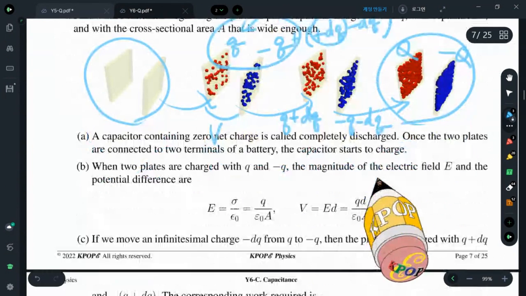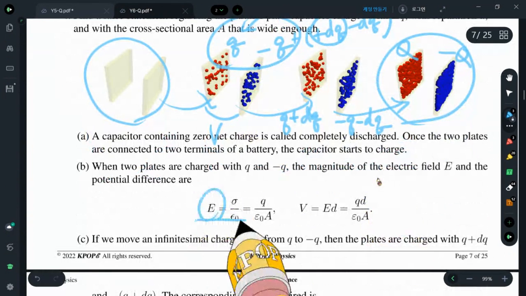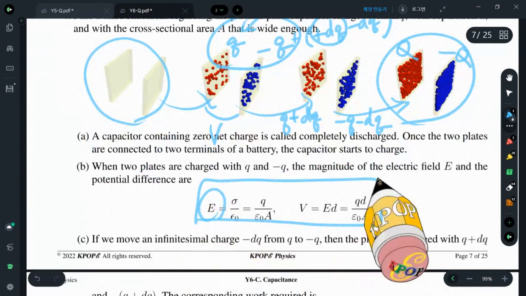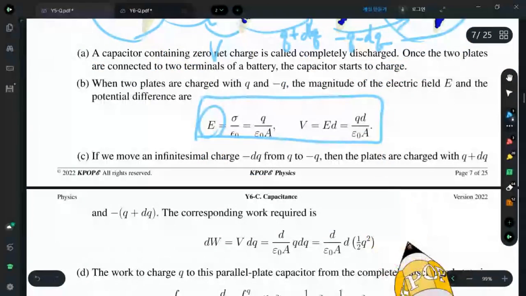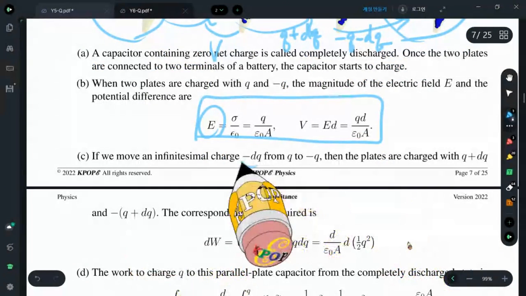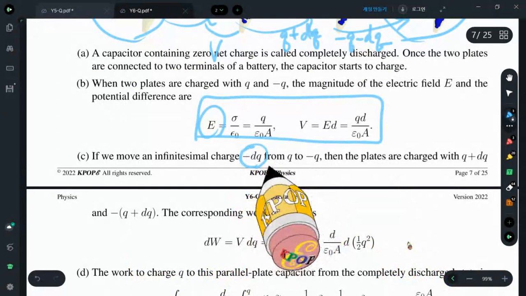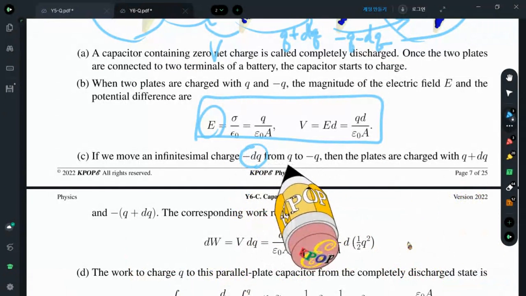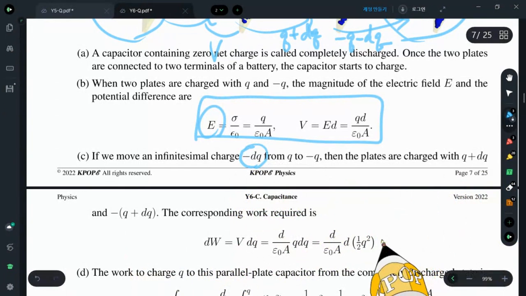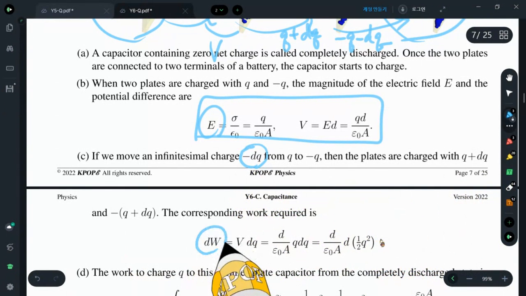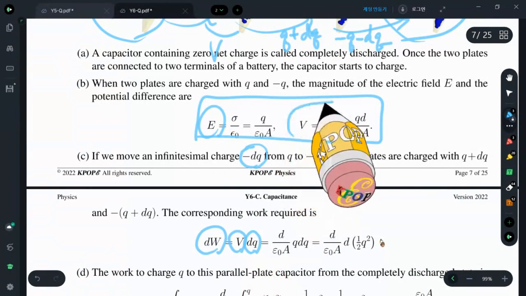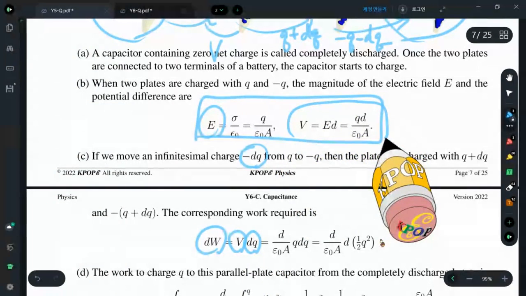So let's find the electric field. This is what we have derived already. What should I do to bring plus dq from there to here? The work is the potential difference multiplied by charge. Potential difference is given in here.